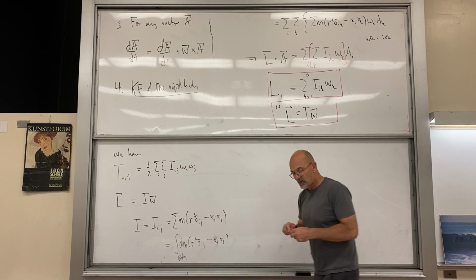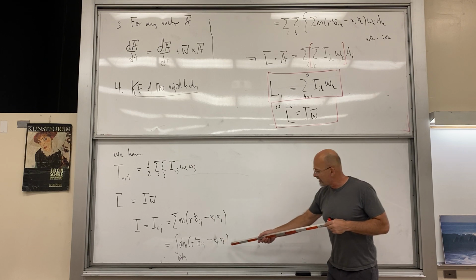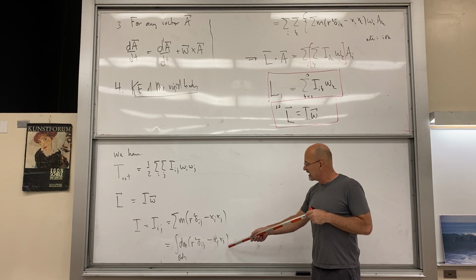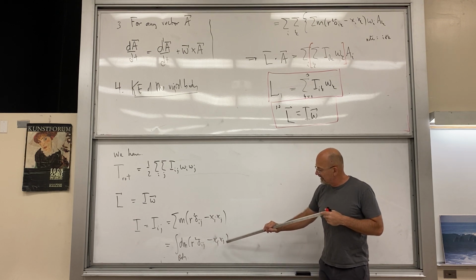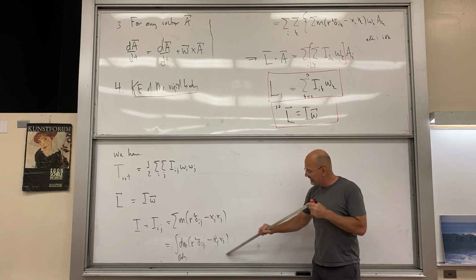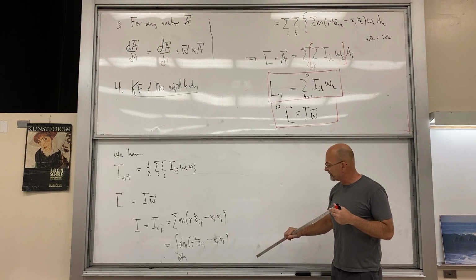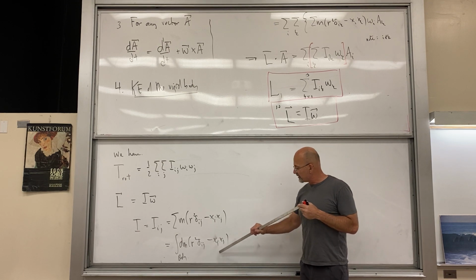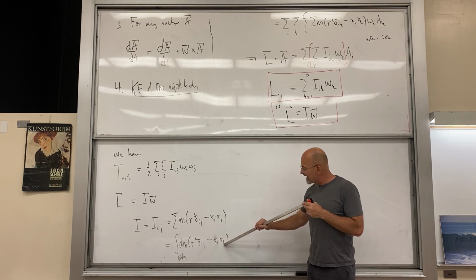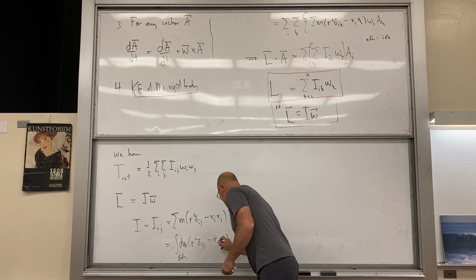Because we've been here before with these kinds of things. We had 3 xi xj last time. Now we just have xi times xj. Same thing's going to hold. A symmetric body, when you integrate over these, they're going to vanish. So when your body has enough symmetry and you have your origin at the center of mass, your off diagonals vanish. And that's what we're generally going to do.